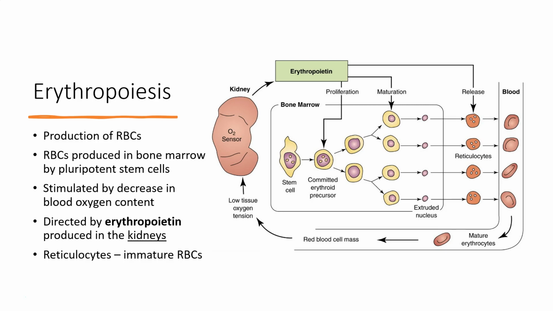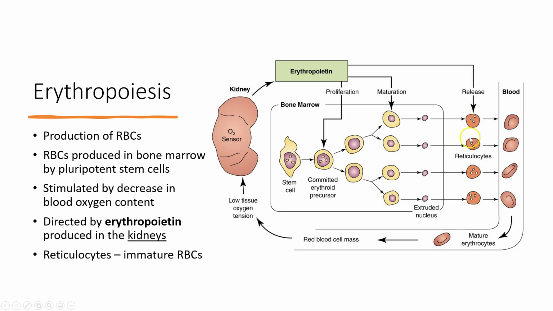Red blood cell production, or erythropoiesis, is stimulated by a decrease in blood oxygen content. Our kidneys are able to sense this. Our kidneys have several endocrine functions. One of them is releasing erythropoietin in response to decreased oxygen content. Erythropoietin then goes to the bone marrow to stimulate proliferation and maturation of this precursor cell.